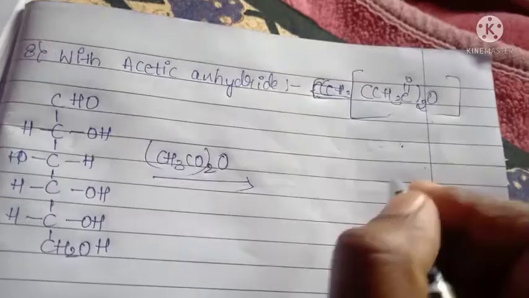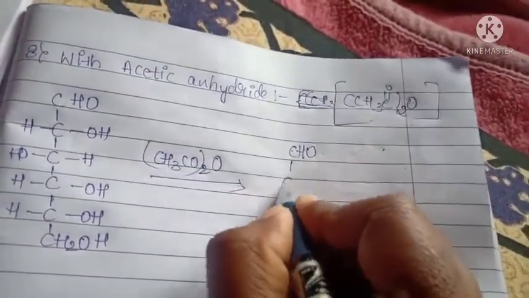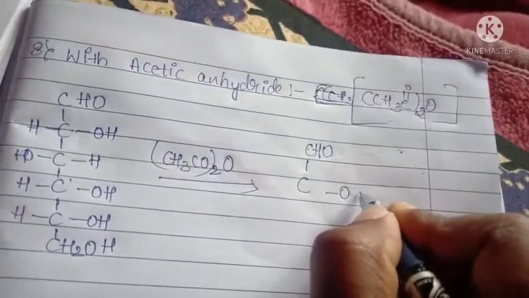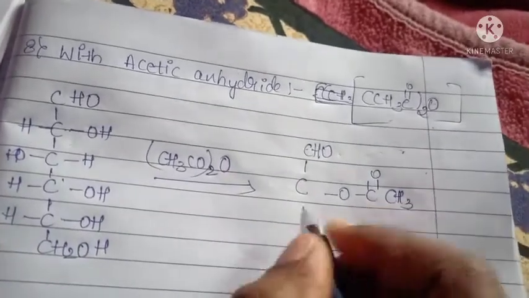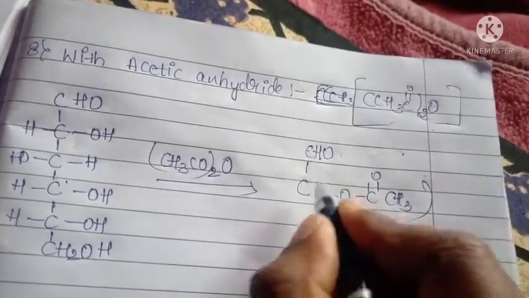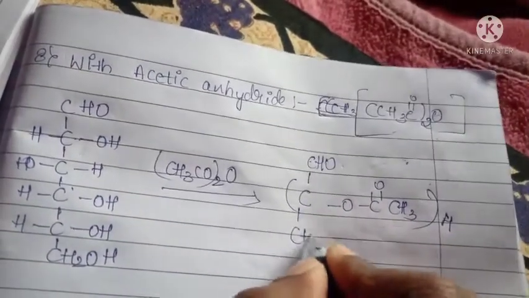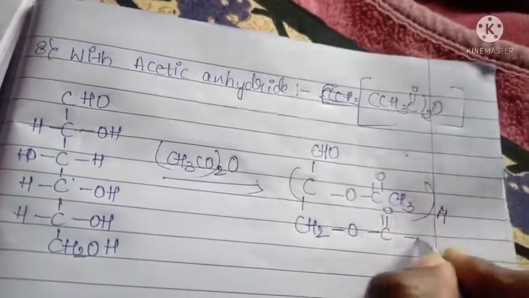acetic anhydride, twice. Here CHO is present as it is, but in the other four groups, C double bond O, CH3 forms, and CH2 O, C double bond O, CH3.